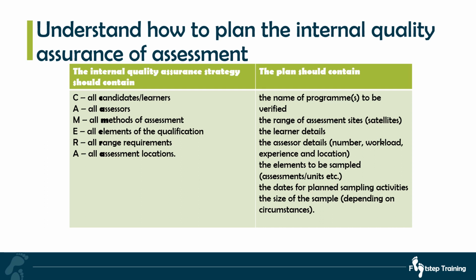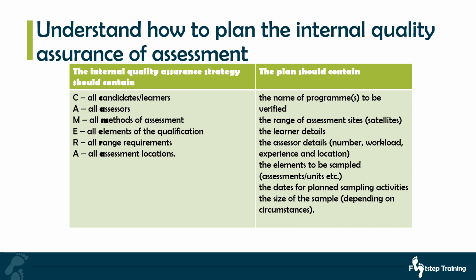Next, we're looking at the Internal Quality Assurance Strategy. An IQA strategy is a document, similar to a policy and procedure, that clearly states and explains how an organisation is going to quality assure.